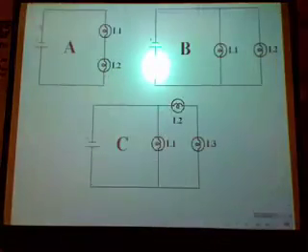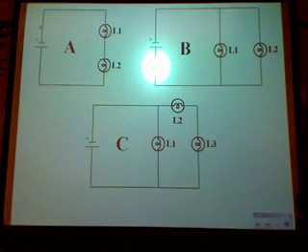Okay, a short circuit, I'll give you the definition for that now, is an easier, undesired path for electrons. We don't want a short circuit. It can be dangerous and produce sparks and heat.